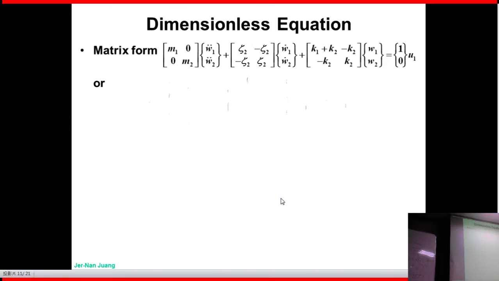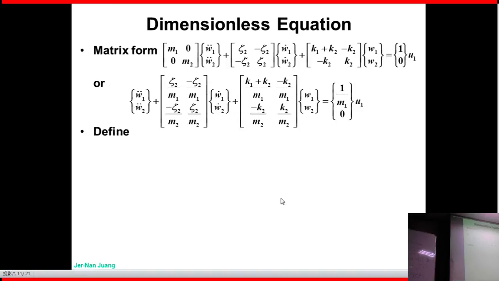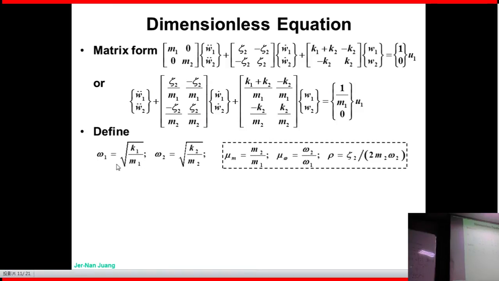Let us look at dimensionless quantities. All right. This is defined as K1 divided by M1. Let's take the square root of that. That's our radians per second, and that's our frequency. Omega 1, that's our system frequency. Omega 2, that's our tuned mass damper frequency.